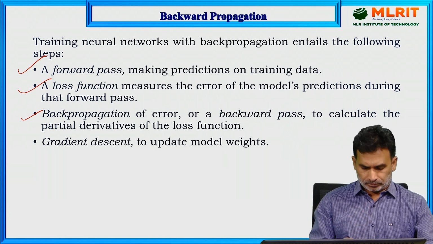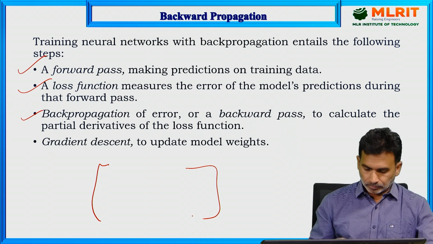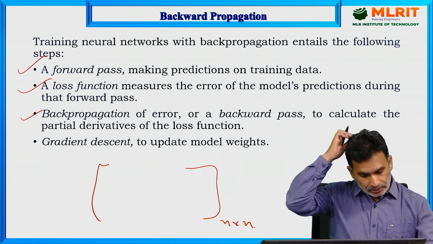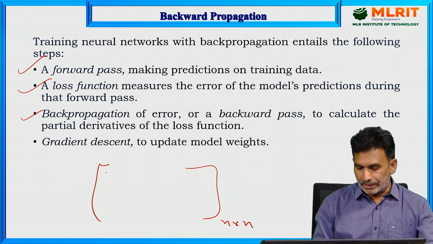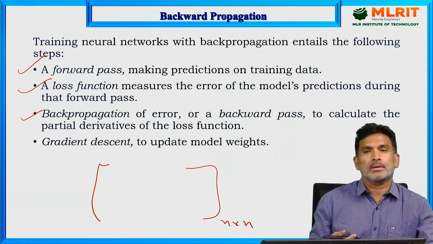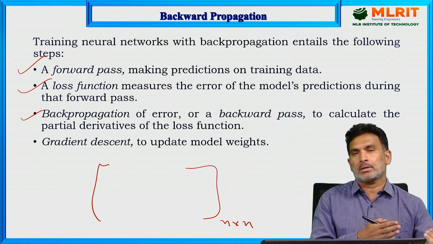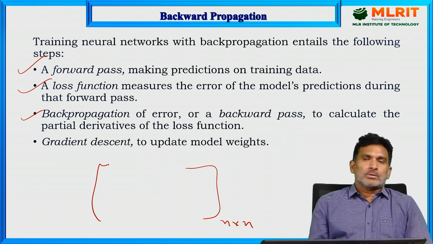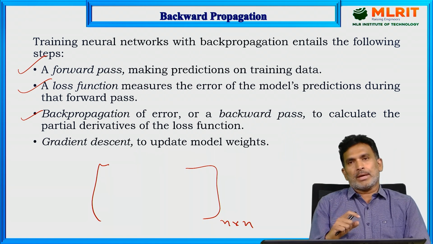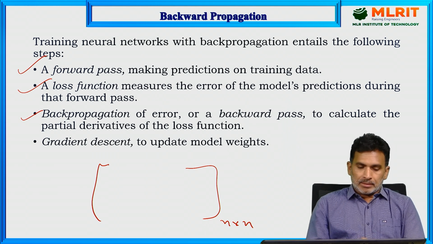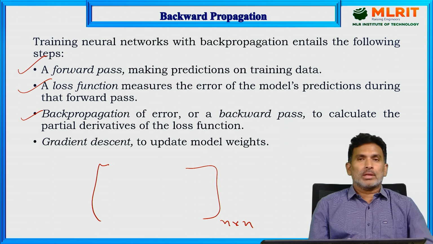Suppose there are n by n dimensions, then we have to find all the derivatives. That means the rate of change of each variable, like in the previous example w1, w2, w5, w6, what change needs to be done. Accordingly we'll retrain the model. Next one is gradient descent, that is to update model weights.